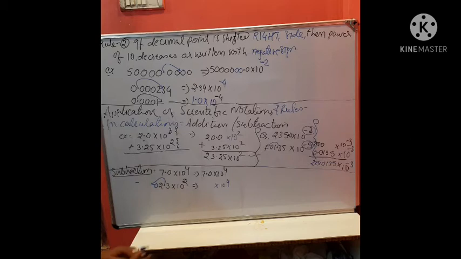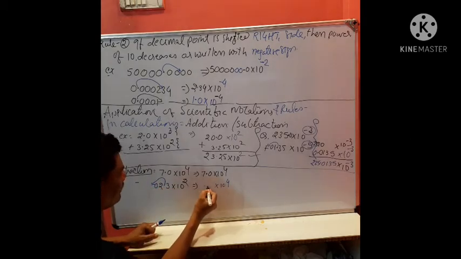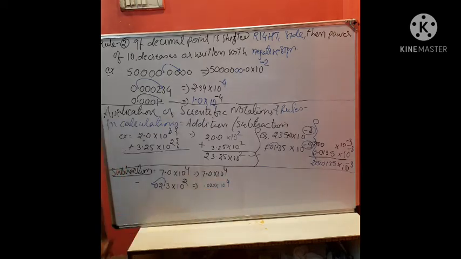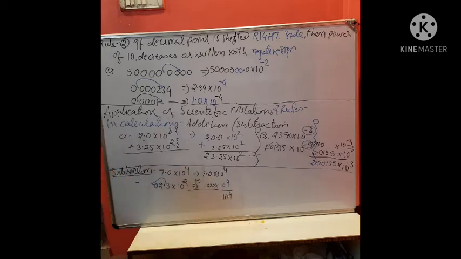So now the number becomes 0.023 into 10 to power 4. Now simply we have to subtract it. The power will remain the same, 10 to power 4, and now we have to do subtraction.